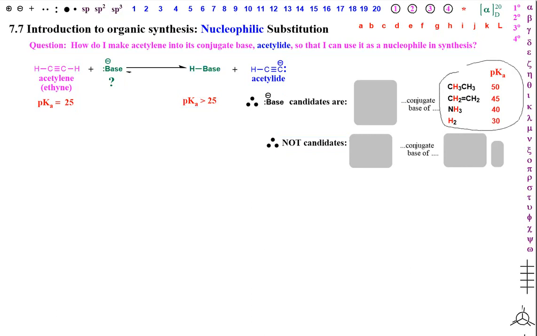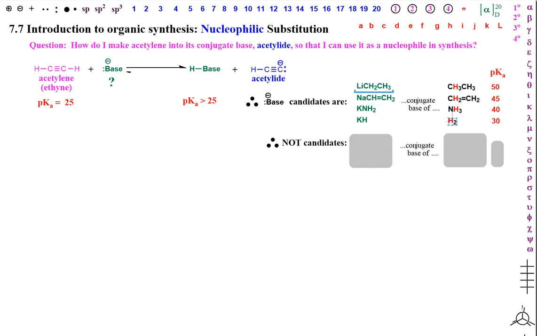This is not the answer to my question. The conjugate bases are going to be the answers to my question. And the conjugate base of ethyne, which is the first one right here, and the conjugate base of ammonia, or an amine, or the conjugate base of H2 are going to be in this box.